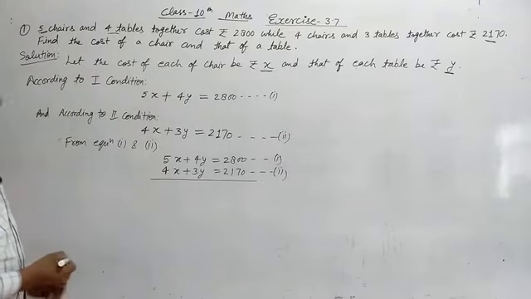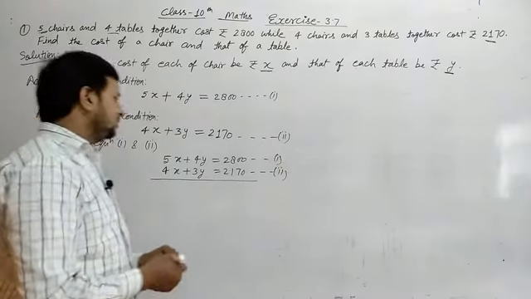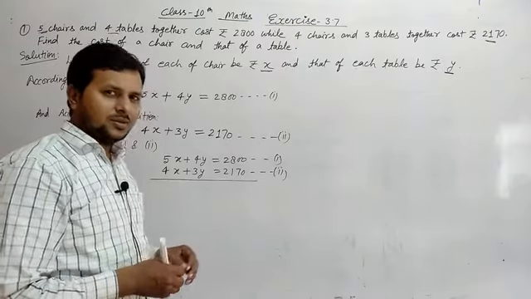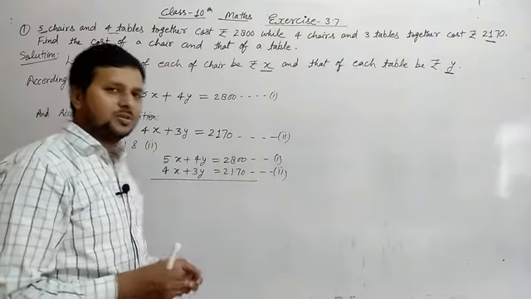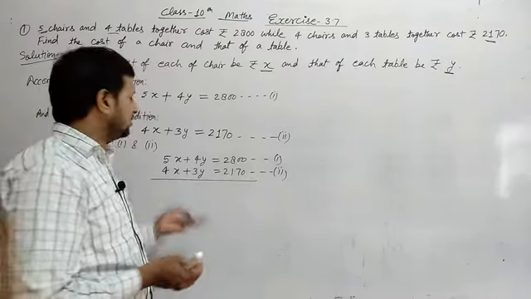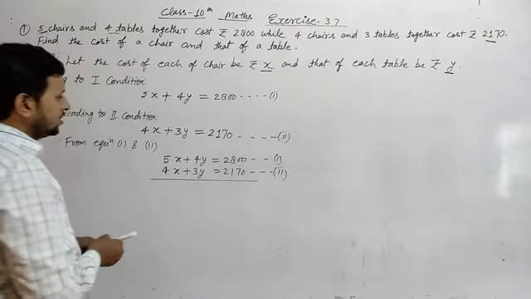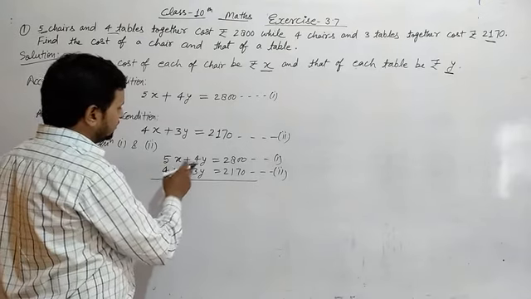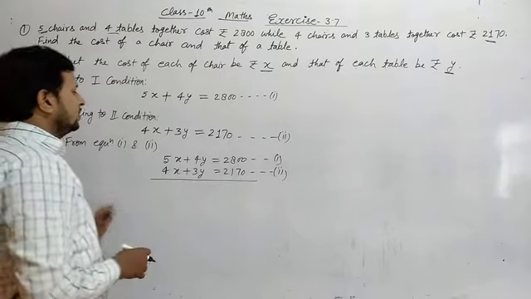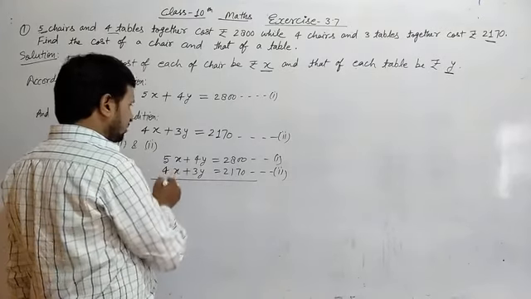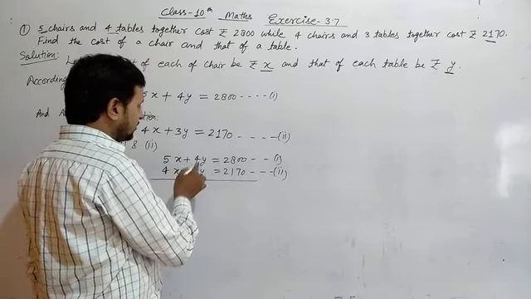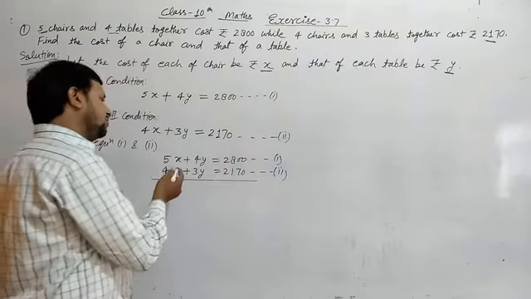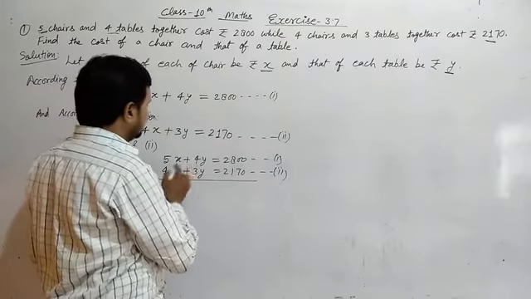In earlier videos we have solved many types of this question by using different methods like graphical method, elimination method, substitution method, and so on. So see here, we use the elimination method. Here is 5x but here is 4x, here is 4y but here is 3y, means the coefficients of x in both equations are not equal and the coefficients of y in both equations are not equal. So first of all we have to make these coefficients equal.